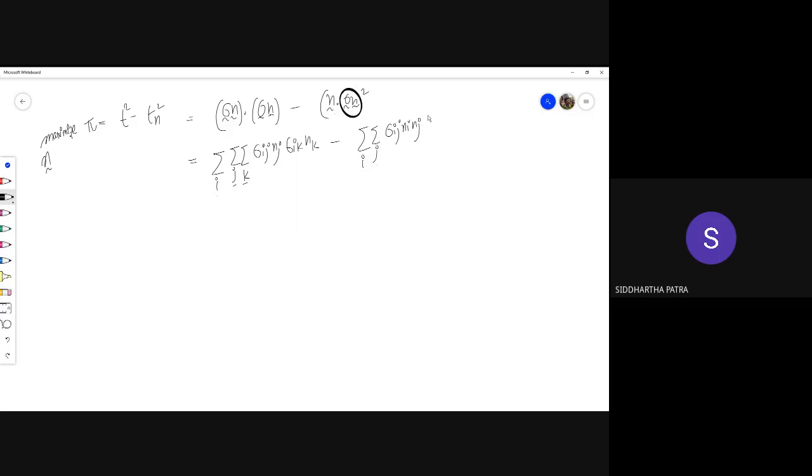Now, when being squared, it should also be represented as sigma kl n k n l. But let's not go there. In either case, you're going to get the same result. We are simply going to square this one.